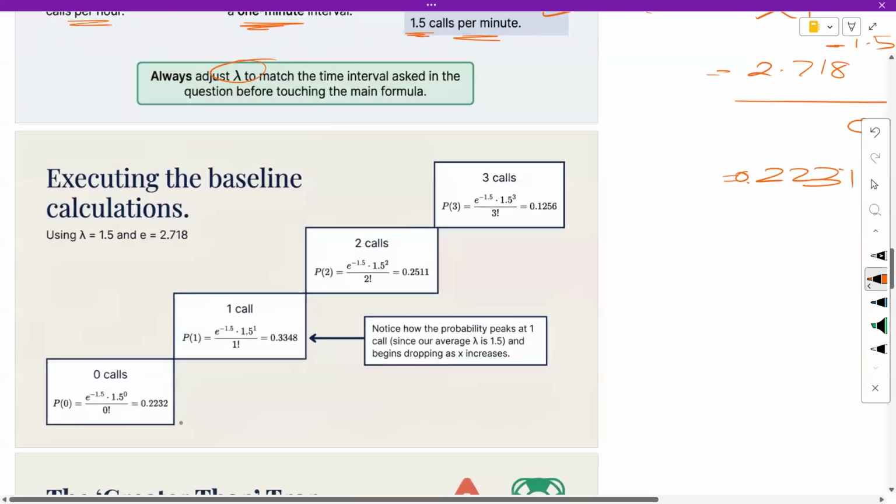Here we apply the formula. Probability of getting 0 calls: e to the minus 1.5, into 1.5 to the power 0, and 0 factorial. Its value is 0.2232, the same answer.